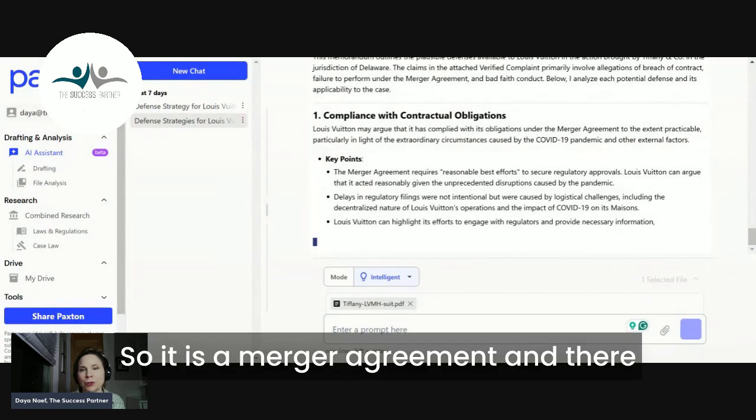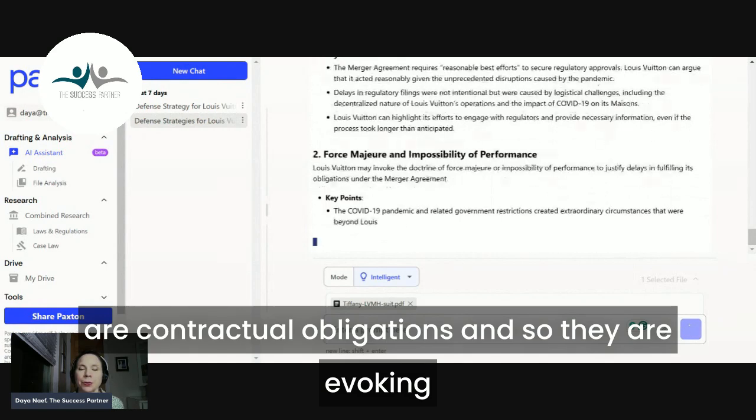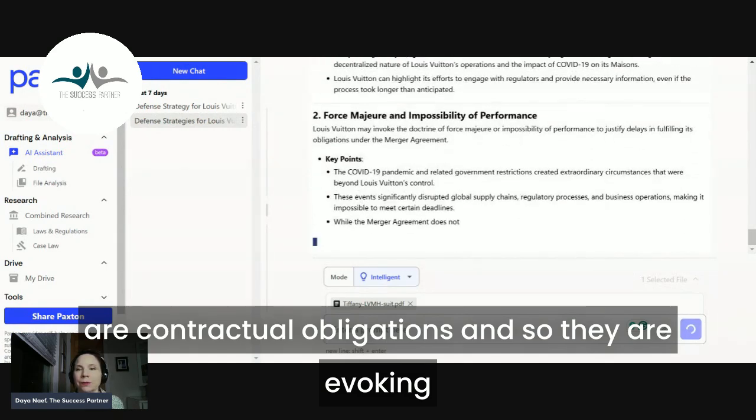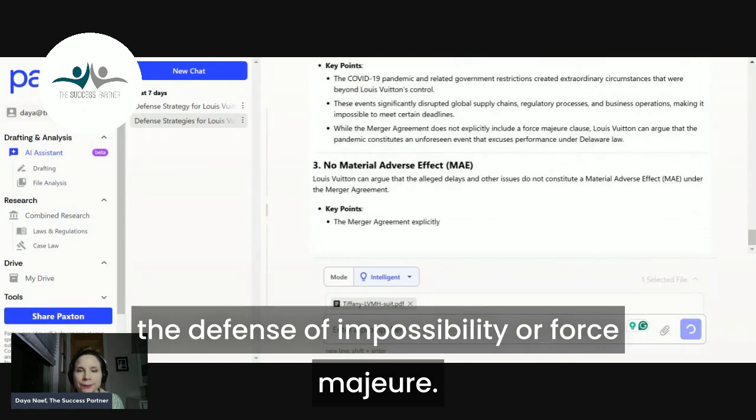So it is a merger agreement, and there are contractual obligations. And so they are invoking the defense of impossibility or force majeure.